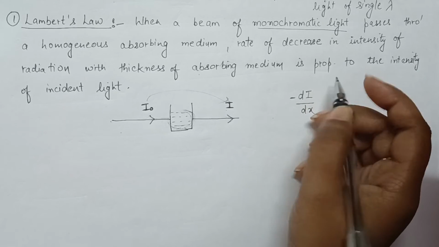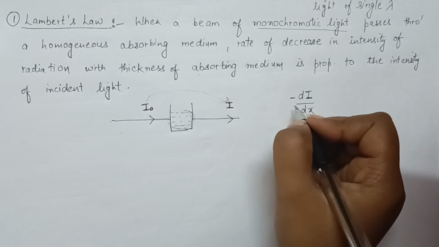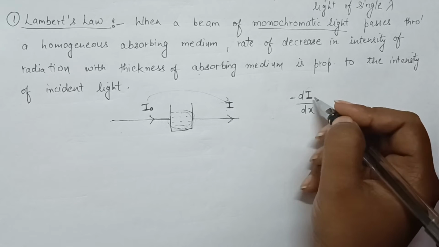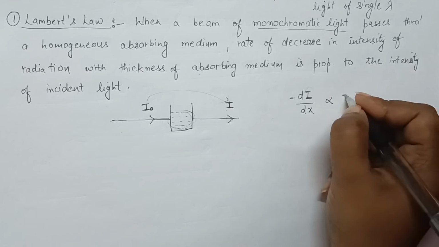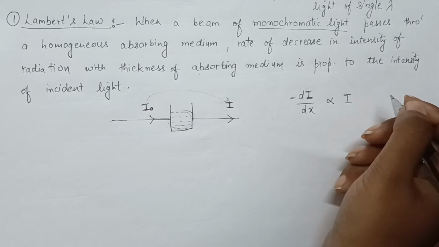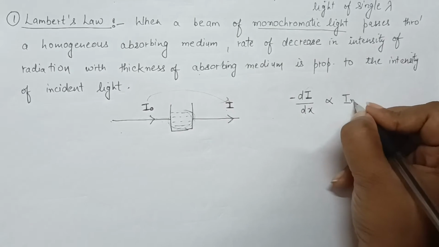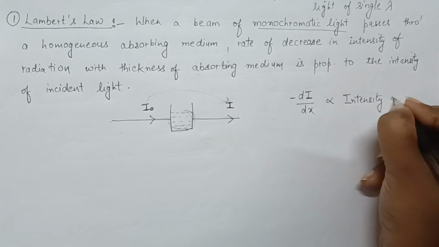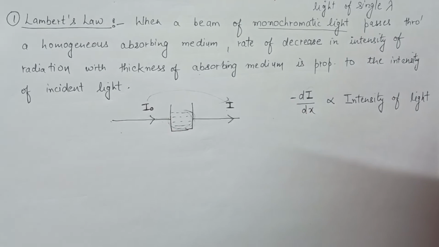The rate of decrease of intensity, because we are talking about the decrease, that's why there is a negative sign, with respect to the thickness will be proportional to the intensity of light.